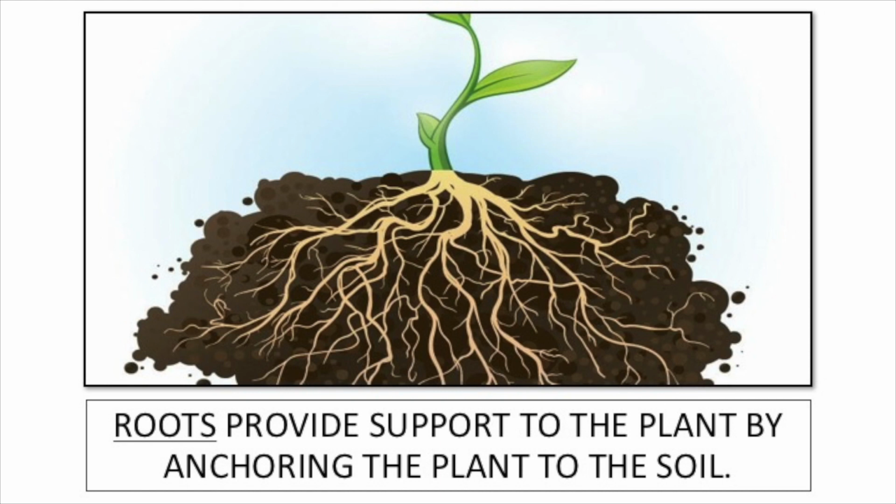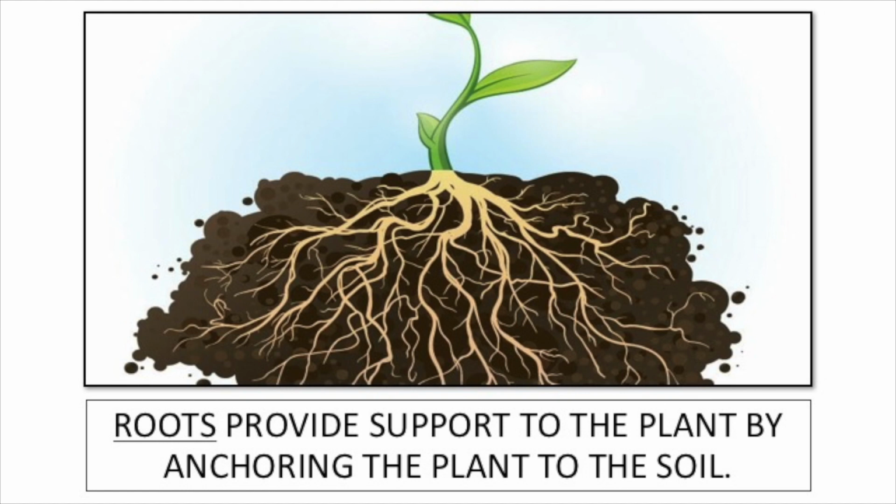Roots. The first part of a plant we'll look at is roots. Roots provide support to the plant by anchoring the plant to the soil. Yes. Now normally, do we think we can see the roots of a plant? No, that's correct.